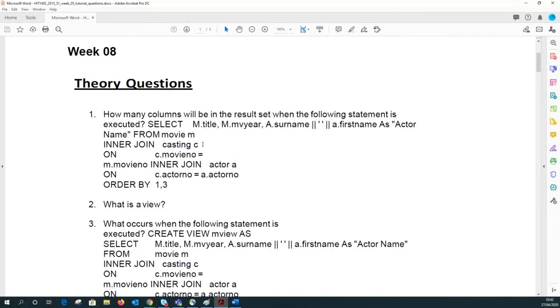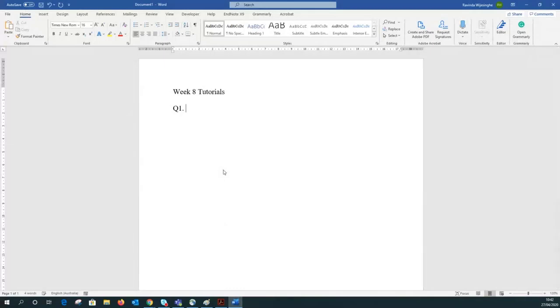So this is a straightforward select statement, selecting 3 columns from the movie, and they are joining the casting table, and they are joining again the actor table. So there are 3 tables joined together in order to produce this report.